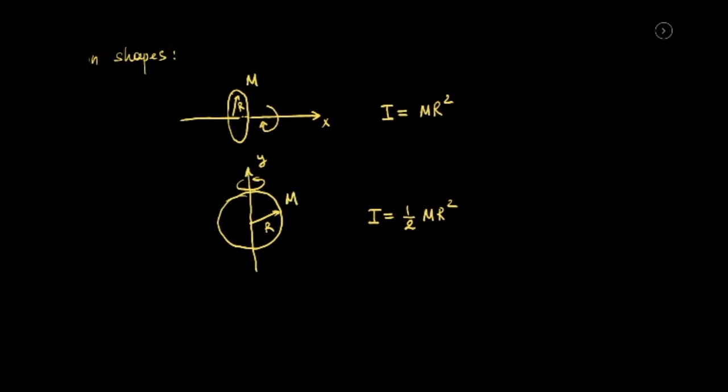Now consider a solid cylinder, for example this one. About this axis, let's call it x, this cylinder rotates around this axis.